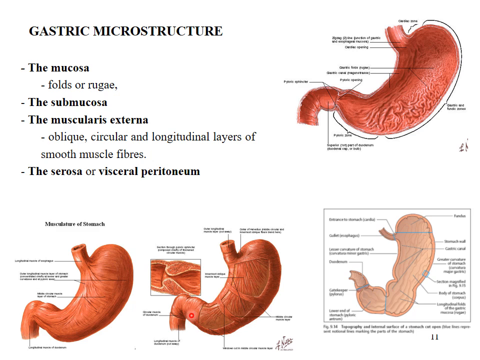The outermost is the longitudinal layer, in the middle is the circular layer, and the most internal is the oblique muscular layer. And the surface is covered by the visceral peritoneum, and the stomach is an intraperitoneal organ.